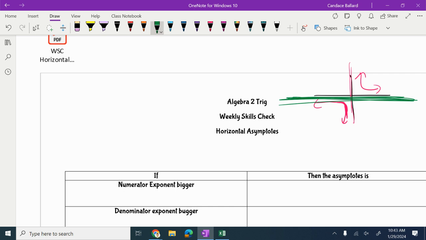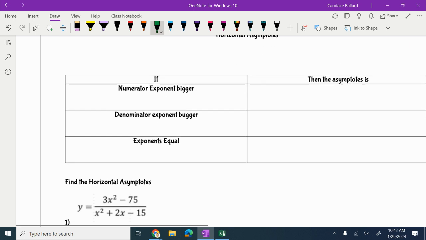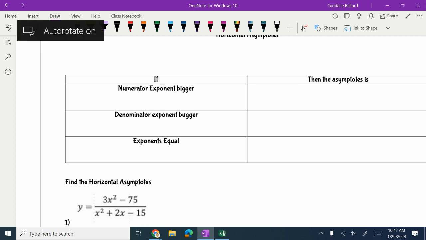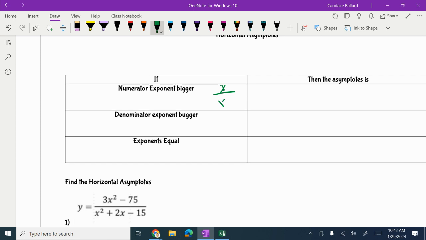So we're going to fill out this little chart to help us. If the numerator exponent is bigger, let's talk about what that means. If I have something that looks like x over x squared, and I put numbers in there, which one would grow faster, the numerator or the denominator?